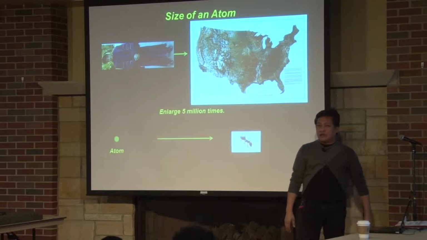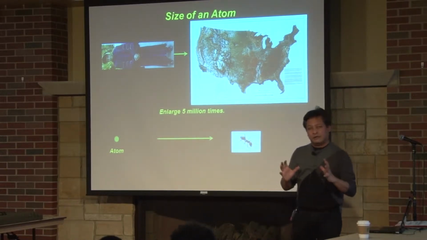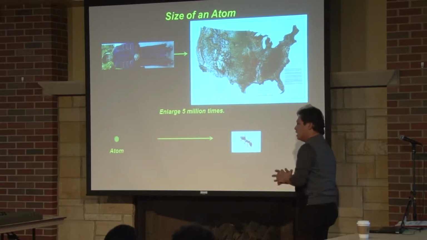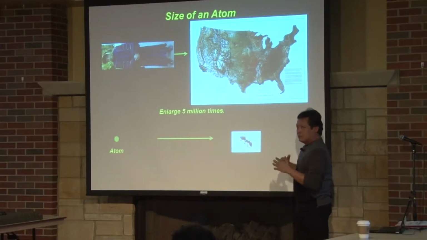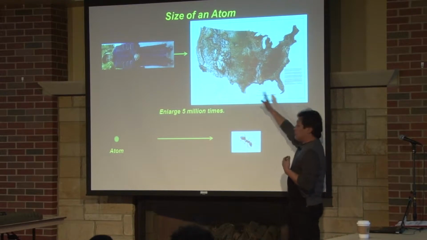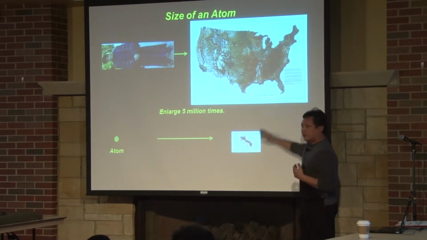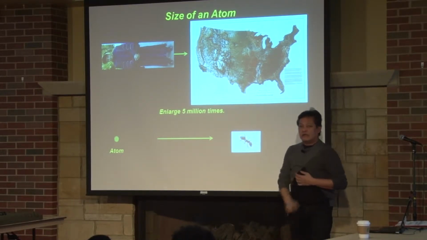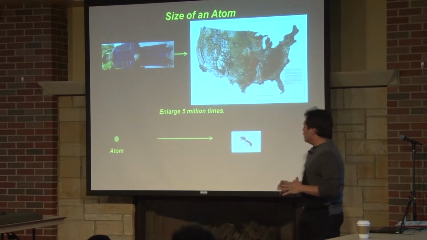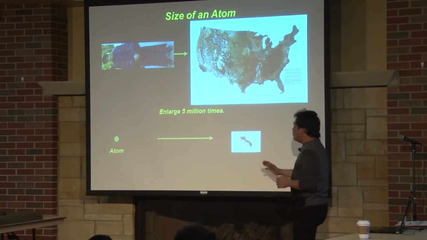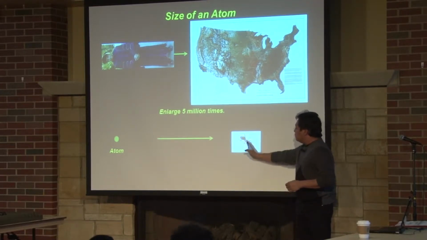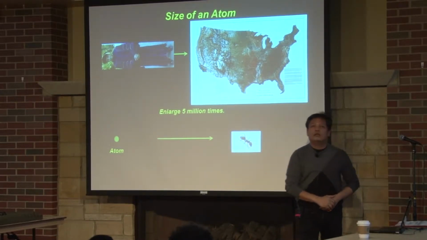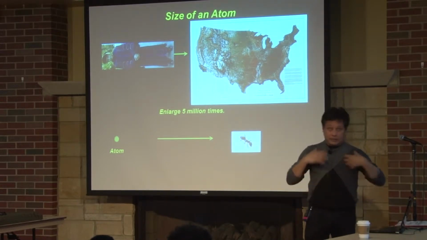So that's how small an atom is. Now, we want to play with the atoms. Remember, we, as a human, with a size like America, are going to play with a small ant. That's what I'm going to show you. And not only that, we can actually control where we want to be, even half of this ant size, with that size of America, like ourselves.